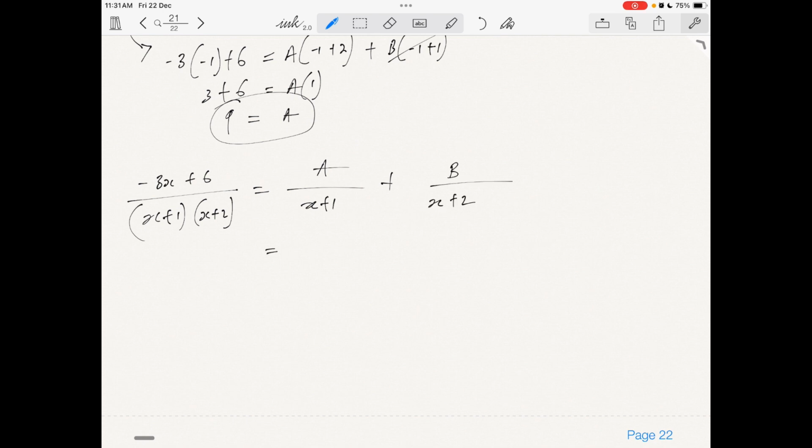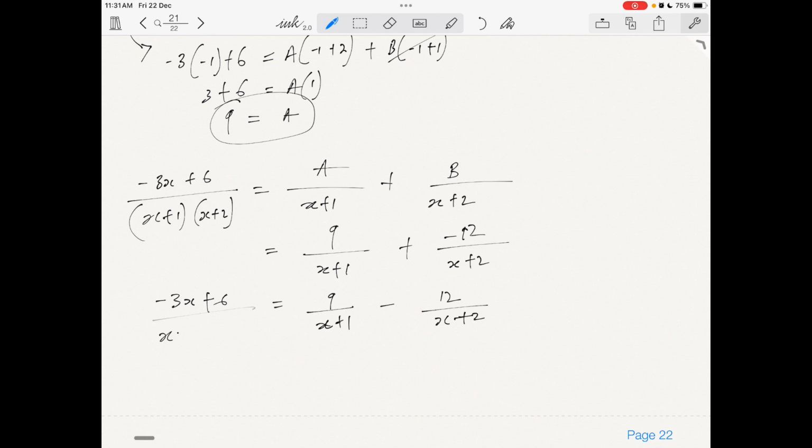Now we substitute our value for A, which is 9, and our value for B, which is minus 12, over x plus 2. So we have 9 over x plus 1 minus 12 over x plus 2. Now this is equal to minus 3x plus 6 divided by x plus 1 and x plus 2.